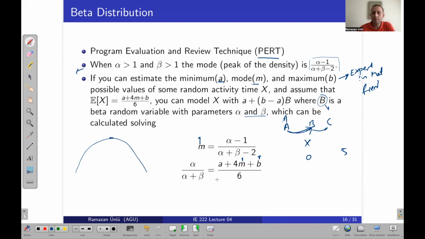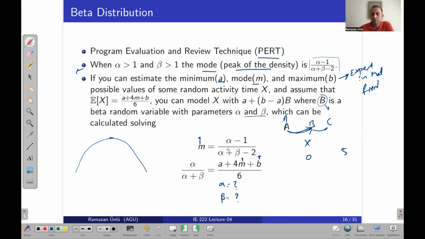So we can simply find what is the alpha and what is the beta. So if we found these, we can simply calculate the generalized version of the beta distribution.